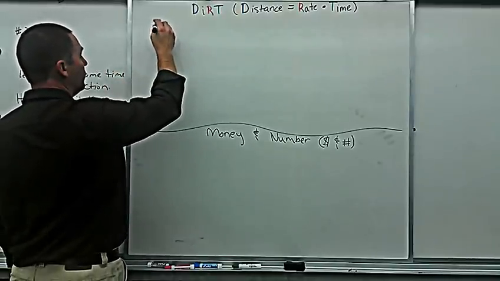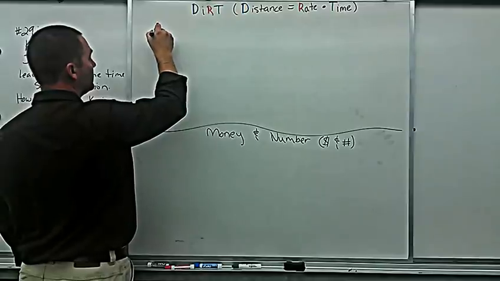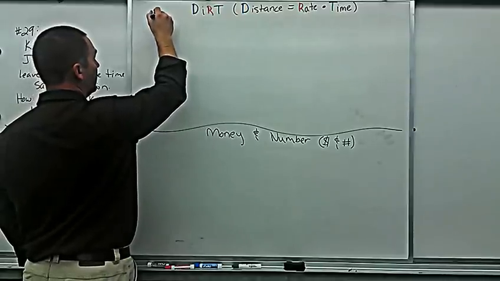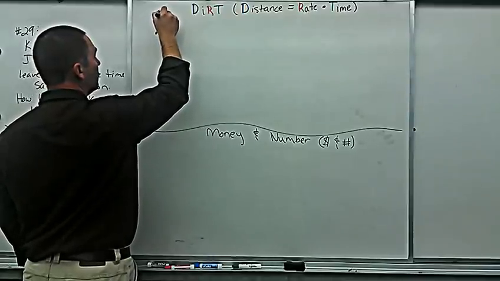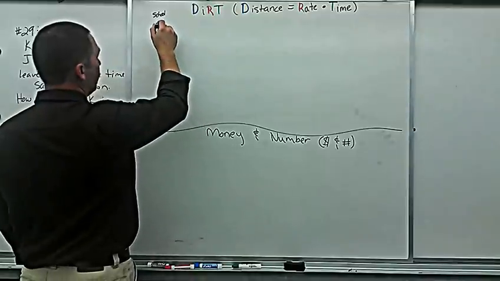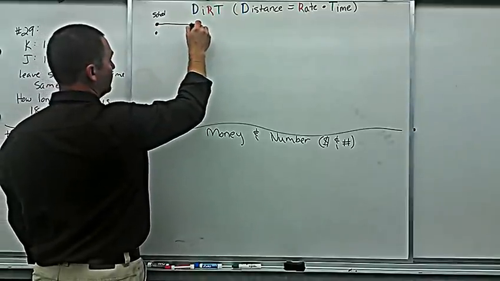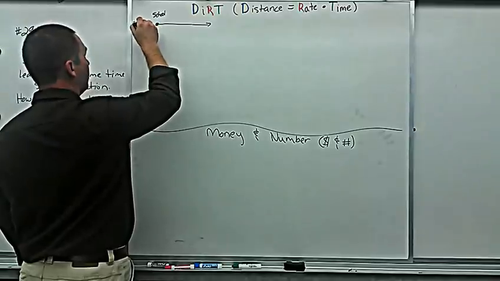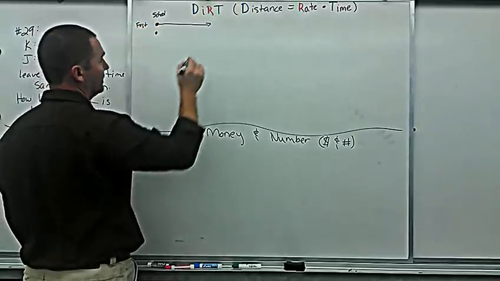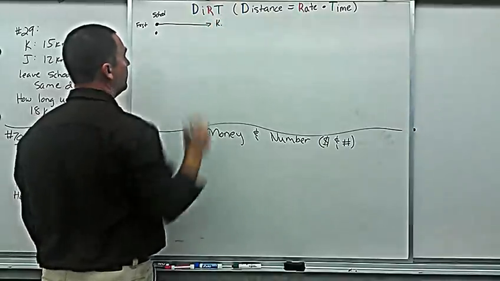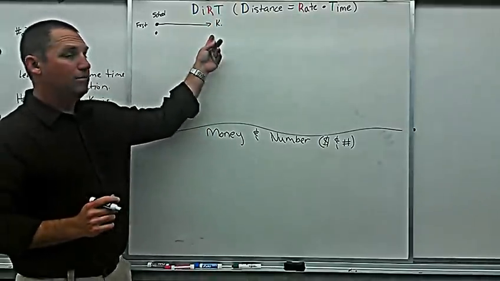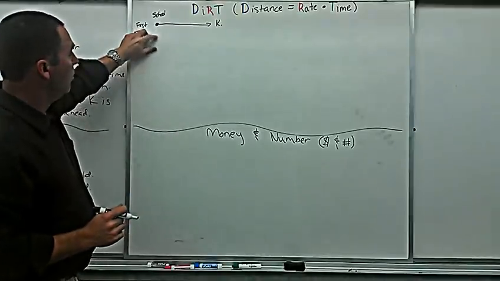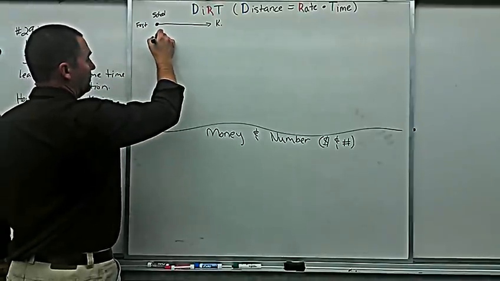So here we go. We have two people, and they're starting in the same spot. That's important. Okay, so here's school. And so then we have one person who we call the fast person. In this case, it's Kelly. So the fast person is going to go some distance that we don't know quite yet, but we know it's some distance.